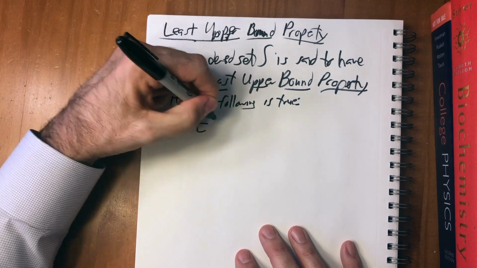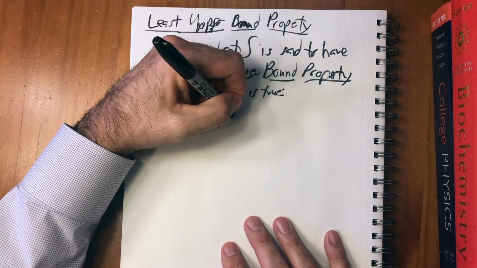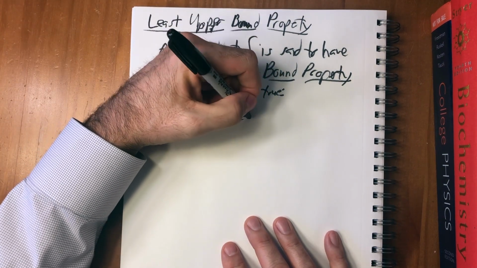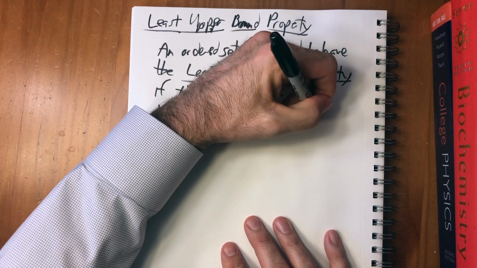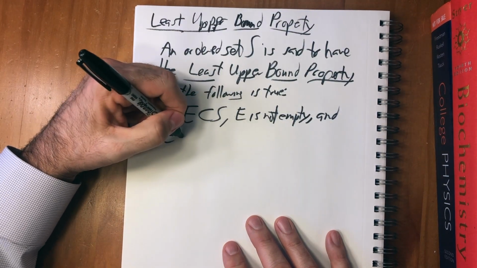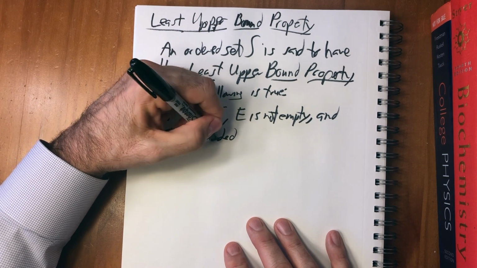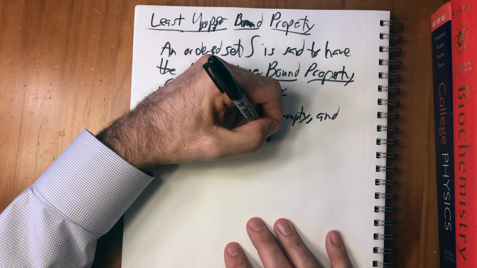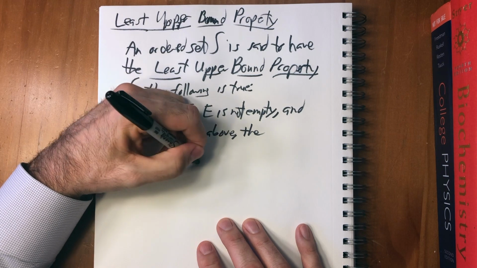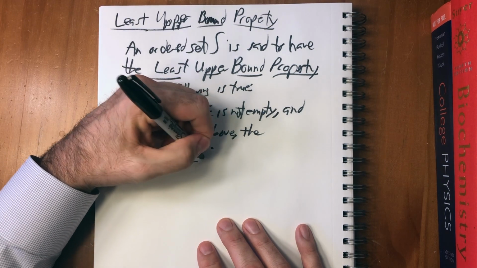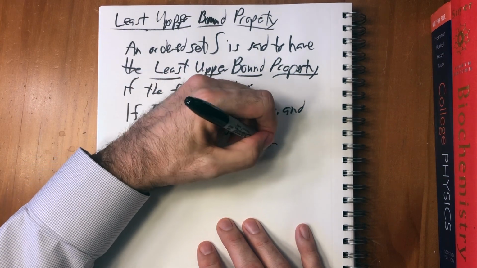If we have our usual subset, E is a subset of S, and E is not empty, and E is bounded above, then sup E exists in S.